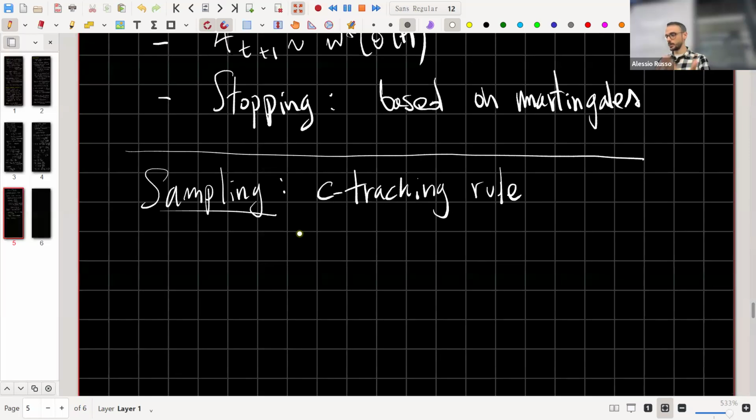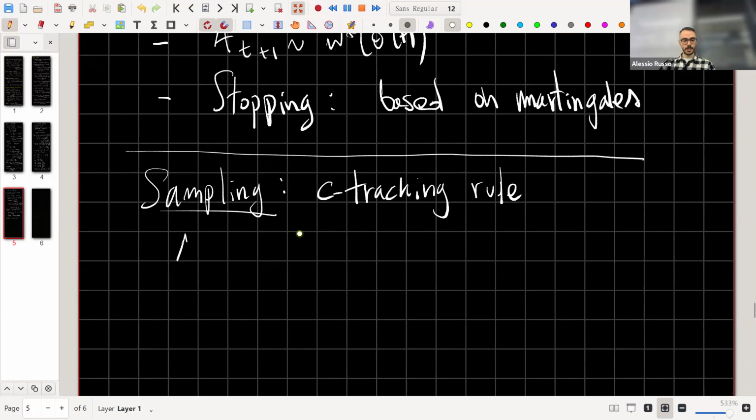Remember that we want to follow the lower bound, but at the same time we want to ensure that we estimate the model well, to avoid the problem of not using the right W star. The C-tracking rule is very simple. It simply ensures that each probability W_a is at least epsilon.